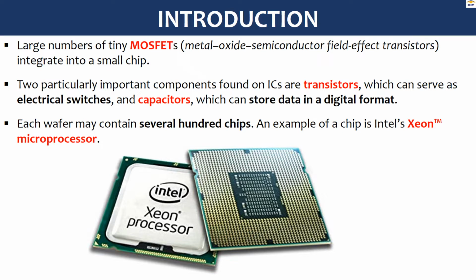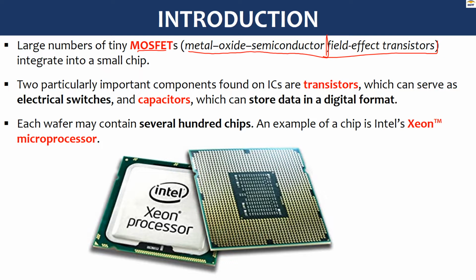So, what actually happens in a microchip? In a microchip, there are what are called MOSFETs. And what are MOSFETs? You will find this word in most of your texts when you're studying microchips. MOSFET is an abbreviation which stands for metal oxide semiconductor field effect transistor.